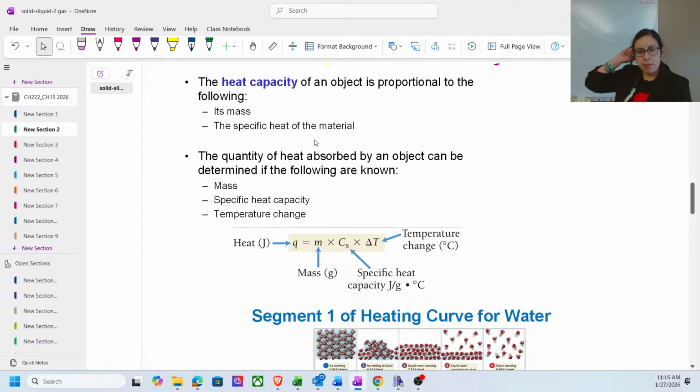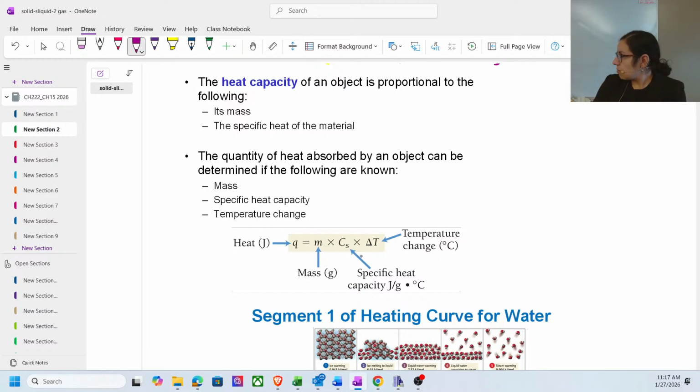Remember, we were trying to quantify the heat capacity of an object. We said we can figure out how much heat was gained or lost based off of the mass. We recorded the mass of the water we used, and then we used a specific heat of water.